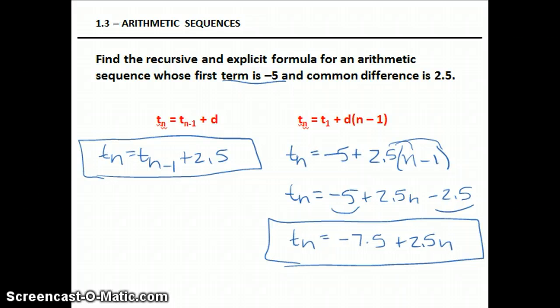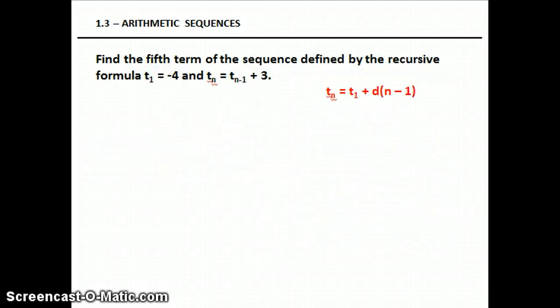Let's try another one, different. Let's say we need to find the fifth term of the sequence defined by the formula where we know that t sub 1 is -4, and we are given the recursive formula. So that means, what do we need? We're going to use the explicit formula because we're going to find a specific term.